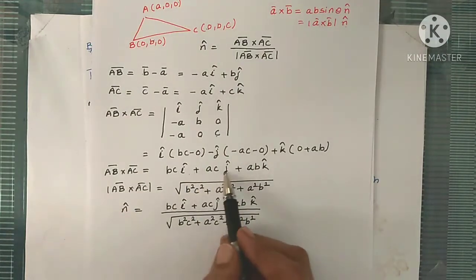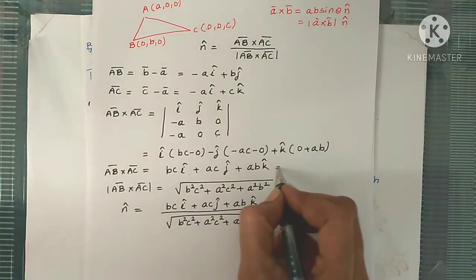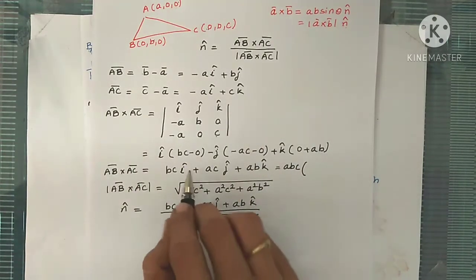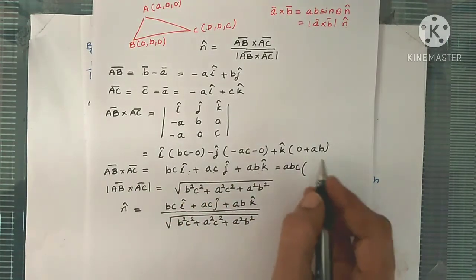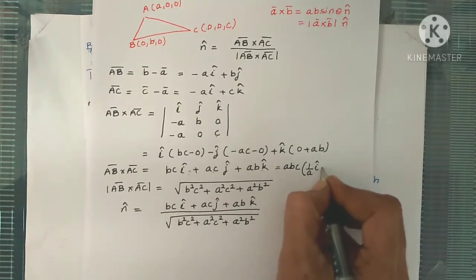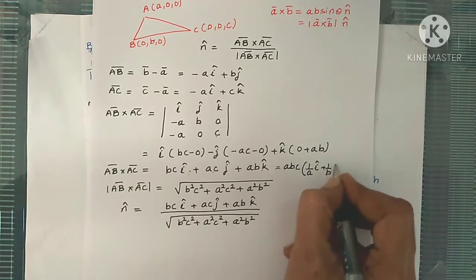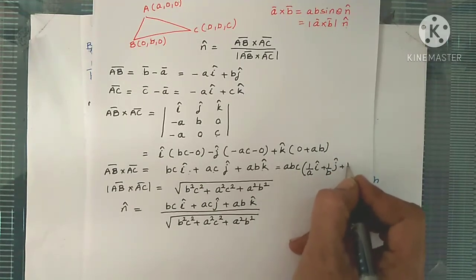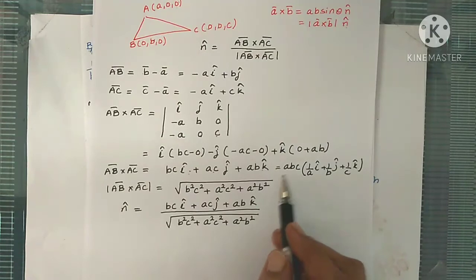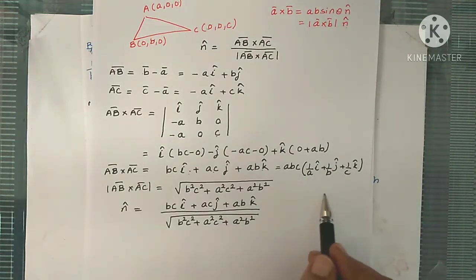Or we can write this vector as, if we take ABC common, then we have to divide all the terms here by ABC. So this will become 1 upon A I cap, 1 by B J cap, 1 by C K cap, and its modulus will be ABC root 1 by A square plus 1 by B square plus 1 by C square.